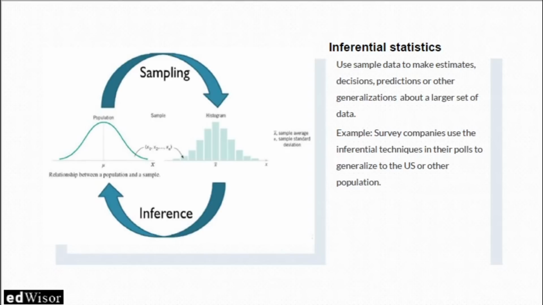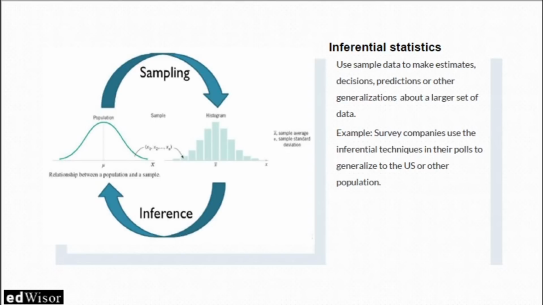So guys, let us take a simple example to understand how inferential statistics helps in our day-to-day life. Survey companies use inferential statistics in their polls to generalize to the election results. Before the results of any election, we get some exit poll results.